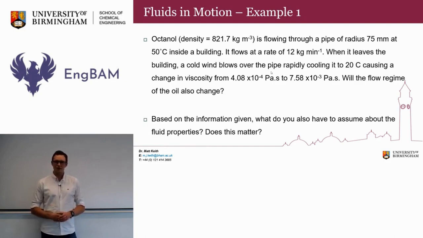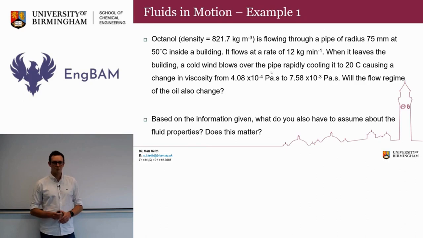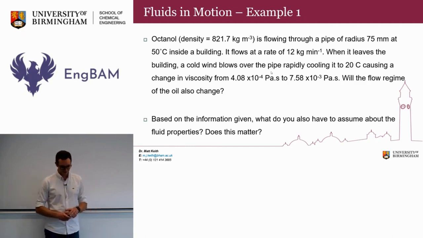We have a given flow rate of 12 kilograms per minute, and when it leaves the building, a cold wind blows over the pipe, which means it rapidly cools down to 20 degrees C. That cooling causes a change in viscosity, so we want to know whether the flow regime, whether it's laminar or turbulent, will also change. Based on the information that's there, let's also have a think about what we need to assume about the fluid properties and whether that actually matters.